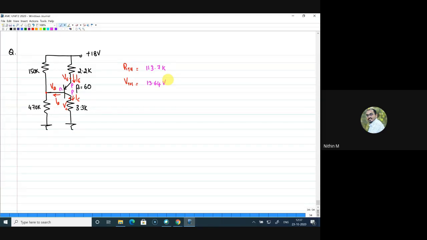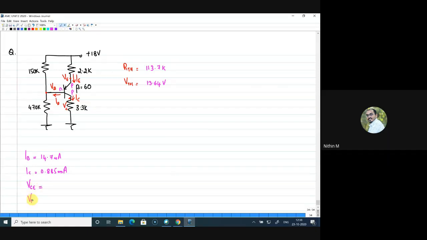Let me write down the answer here. You will get IB as 14.7 microamps, IC as 0.885 milliamps, and IE, please find it. If IC and IB are there, you can find it.